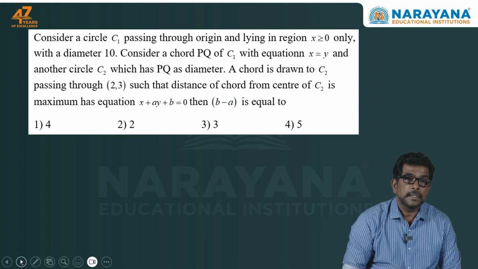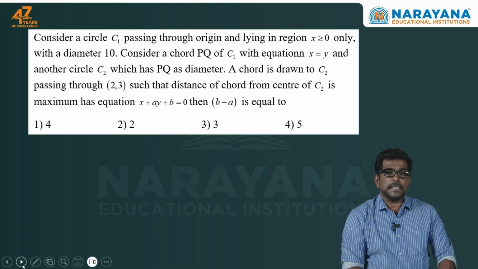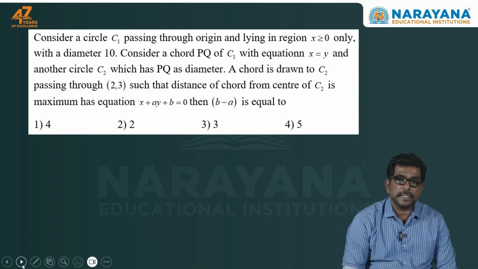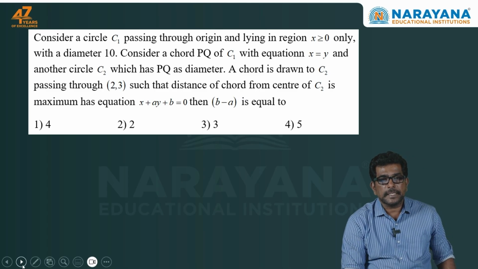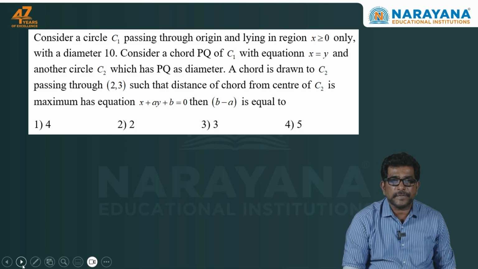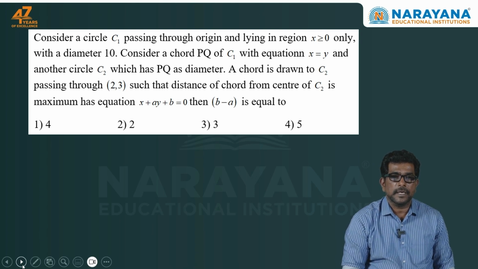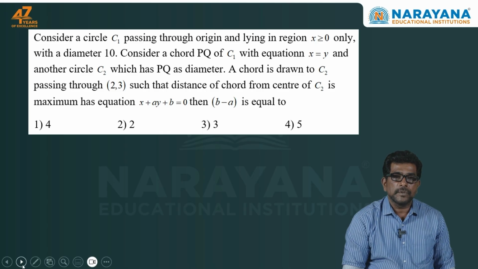problem is, consider a circle C1 passing through origin and lying in the region x is greater than or equal to 0 only with a diameter 10. Consider a chord PQ of C1 with equation x is equal to y and another circle C2 which has PQ as diameter.